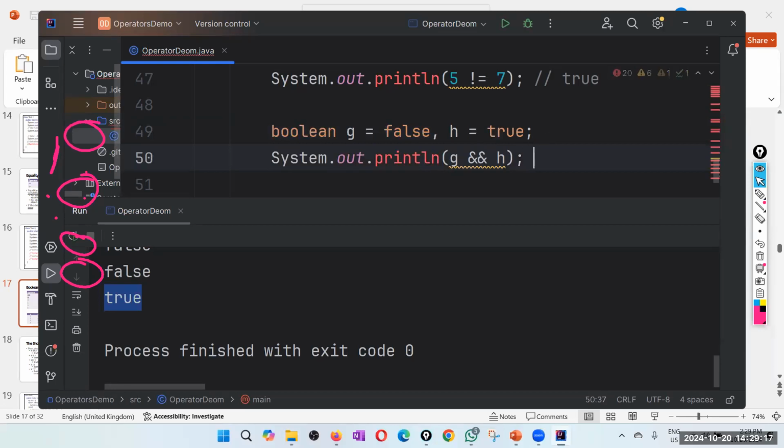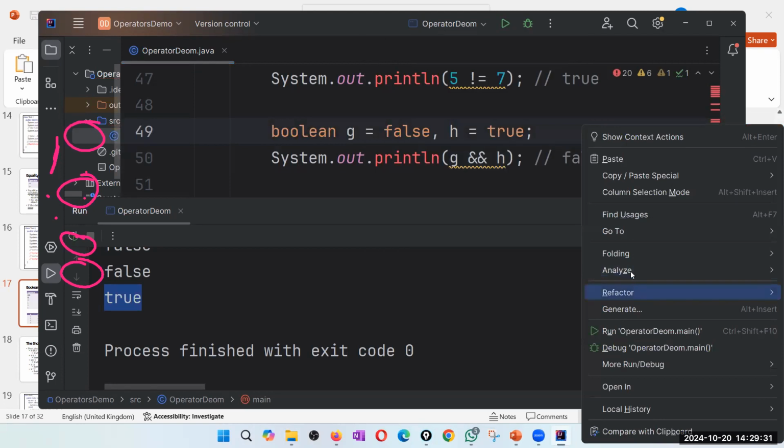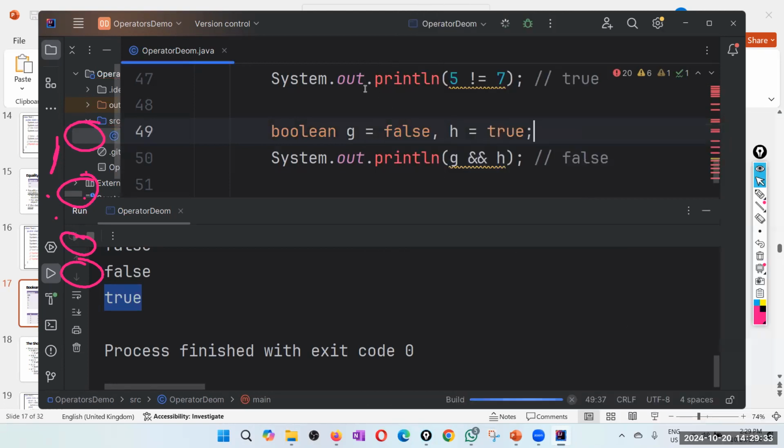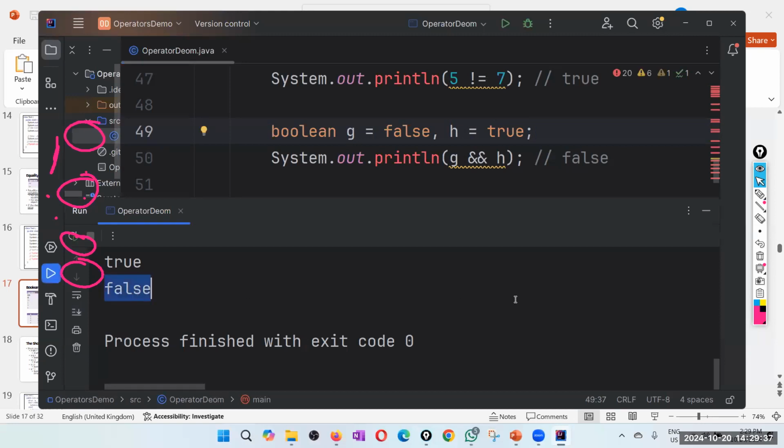So therefore, output will be false. Don't worry, this message is coming from IntelliJ, not from the Java compiler. So now after this, I should get false again. Again false, because false and true is false.